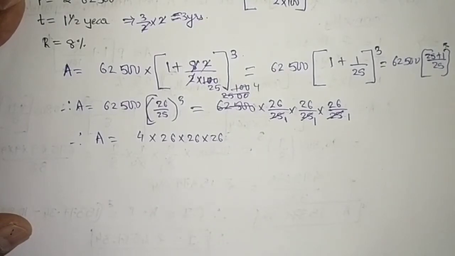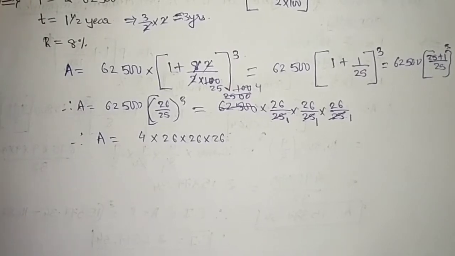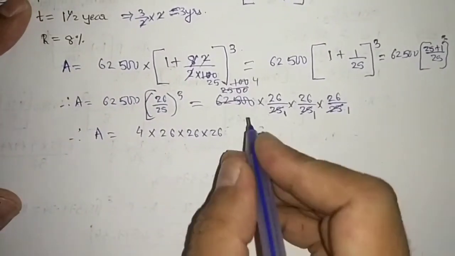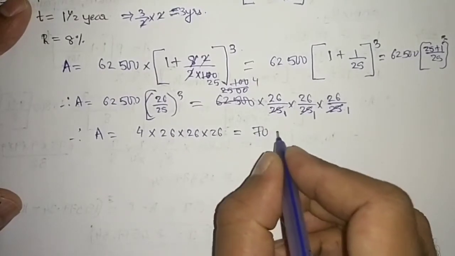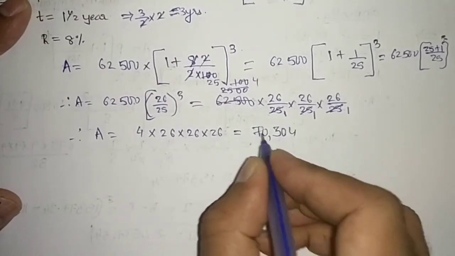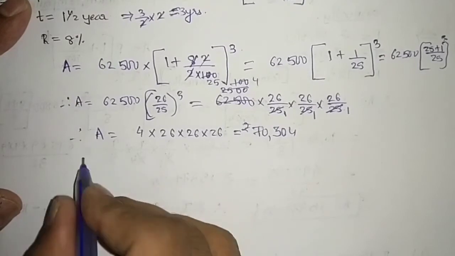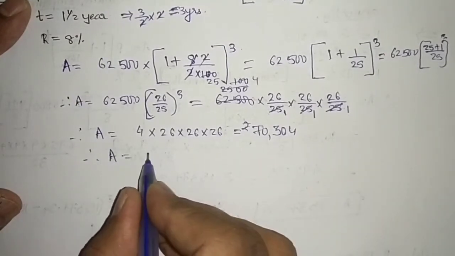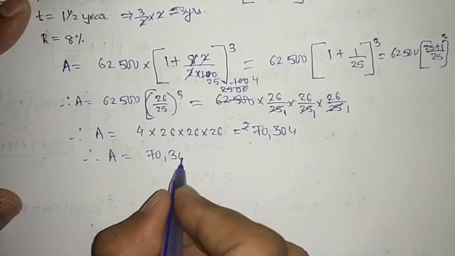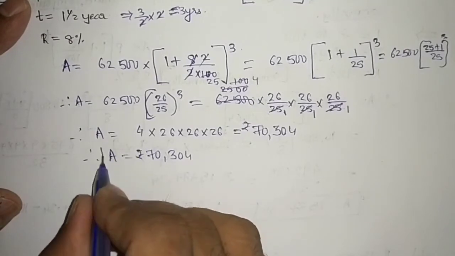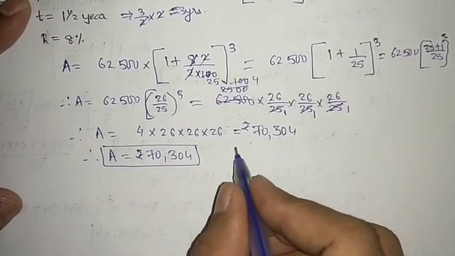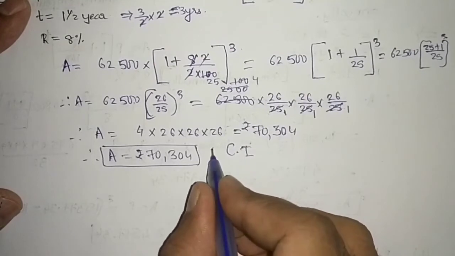So what will be our amount? If you are multiplying, then you will get the answer as 70,304 rupees. This is the amount. So I will write, therefore amount is equal to 70,304. Now for solving compound interest, you know the formula.